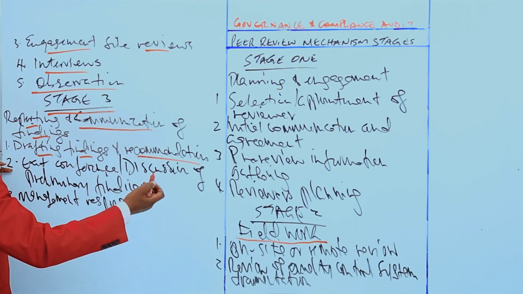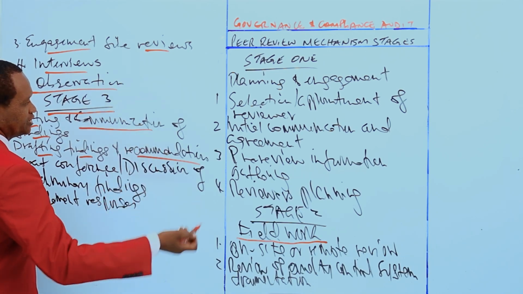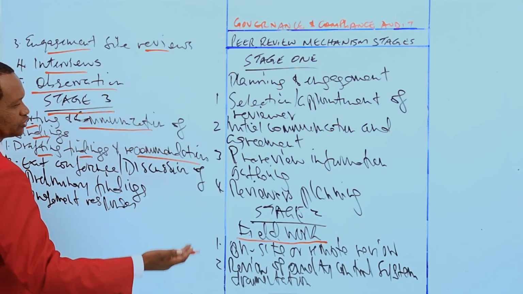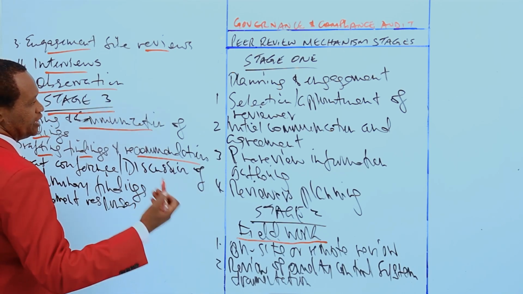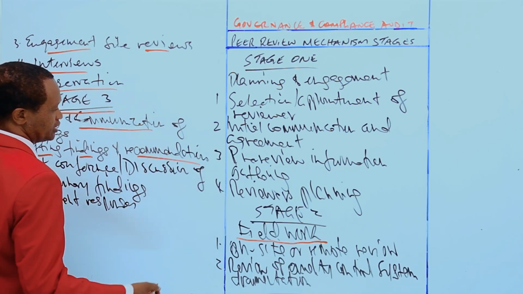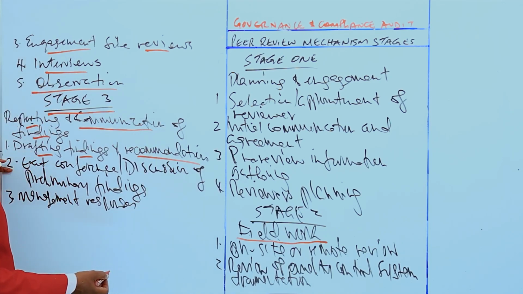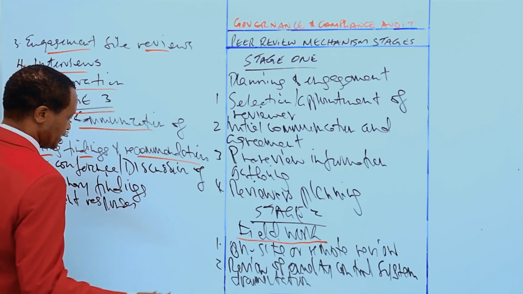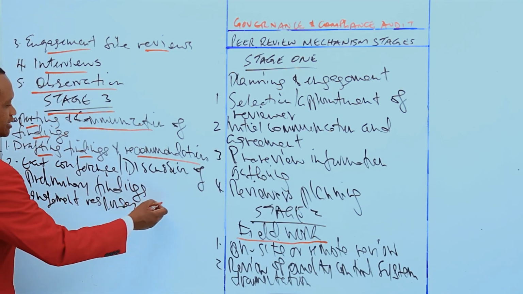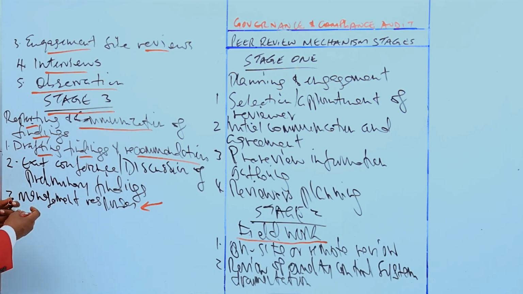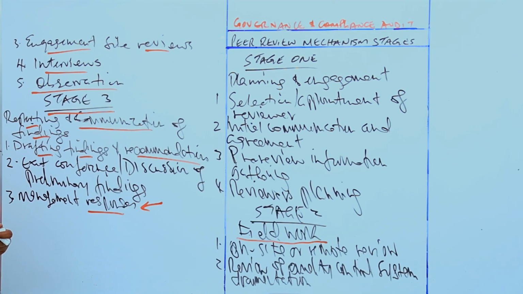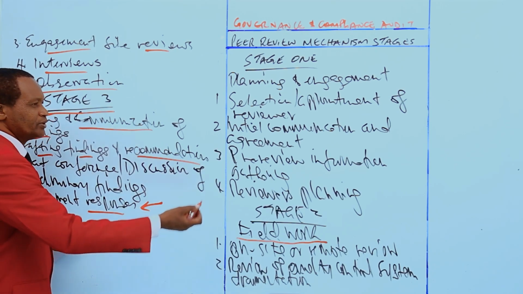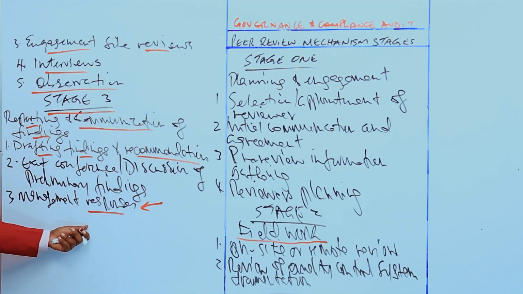Now, the reviewer may have identified deficiencies in the quality control system or even weaknesses in failure to adhere to professional standards or ethical guidelines for auditors. If that's the case, then the management is required to respond and to come up with a corrective action plan.